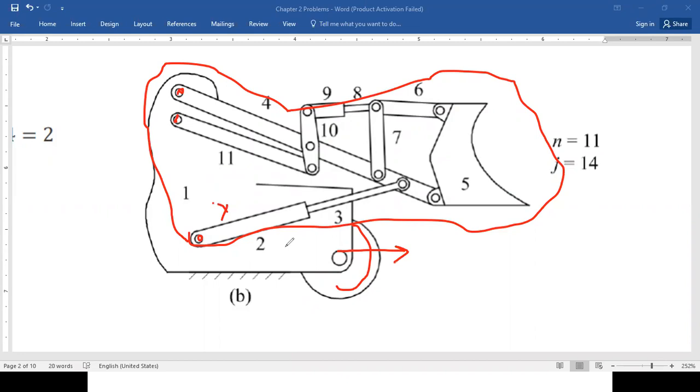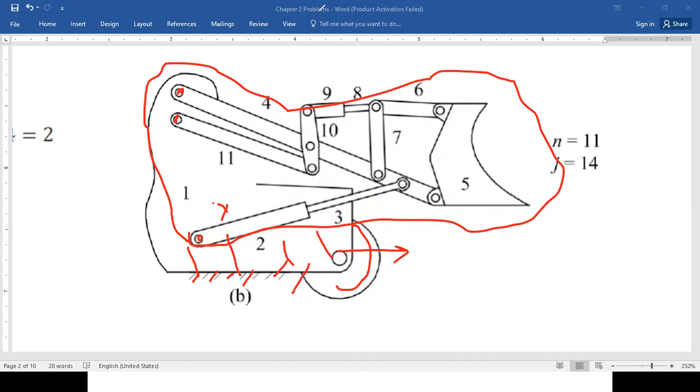I don't care for the translation given by the wheel. The wheel has just a purpose to translate the whole system. But when I study the mechanism, I study its relative motion with respect to the body. Okay, so I consider that the body is my reference and it's fixed. It constitutes the ground.